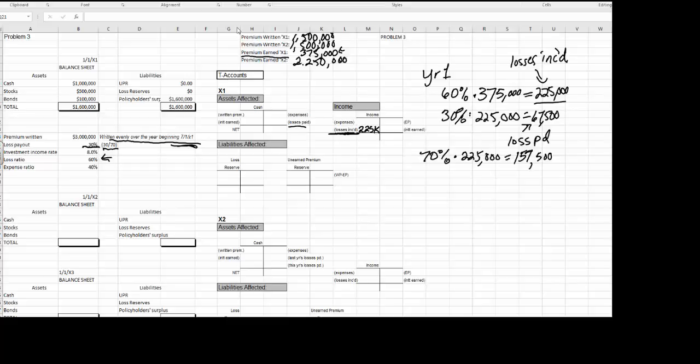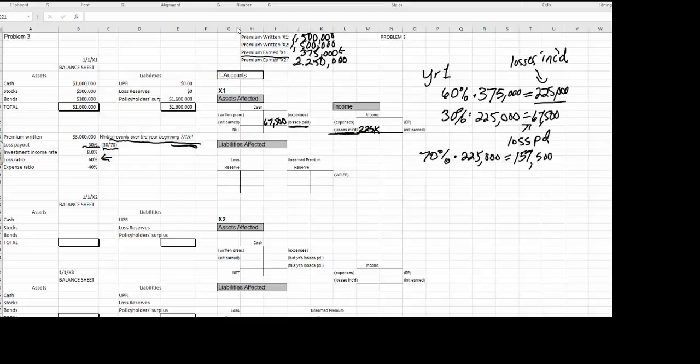Part of that we pay, and that comes out of cash. So that's our 67,500, our losses paid. And part of it we reserve. Now again, pay attention to where the debits and the credits go. We debited income because on the liabilities and owner's equity side, a negative is a debit, and we credit cash because again, that's a negative, and this is the asset side.